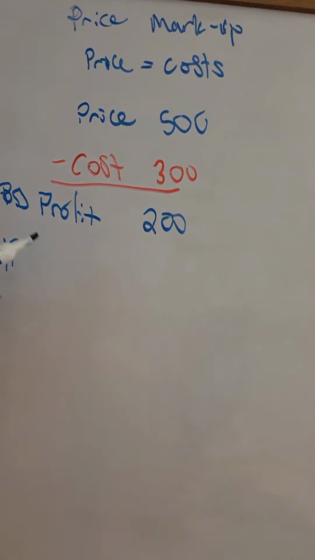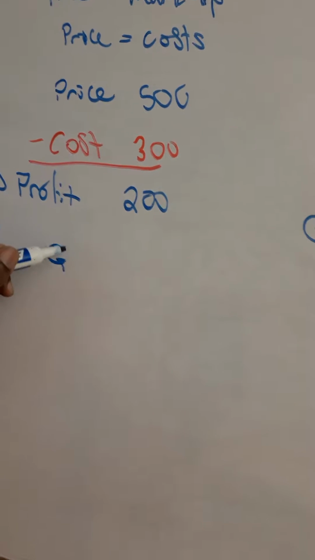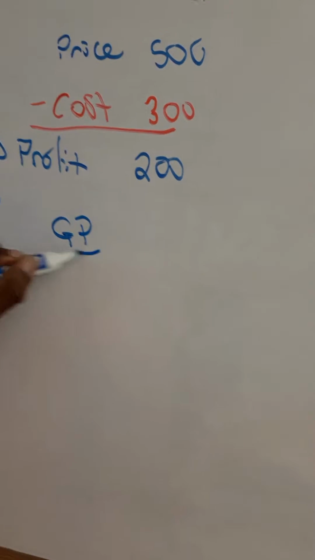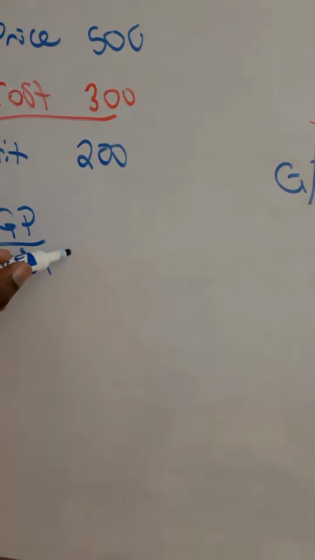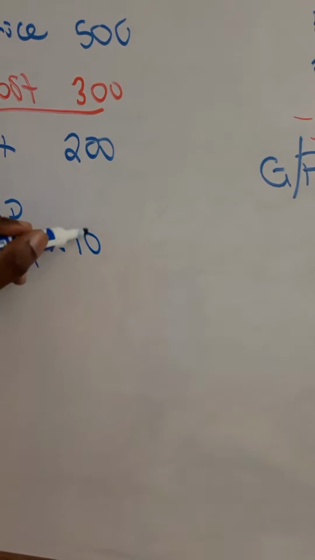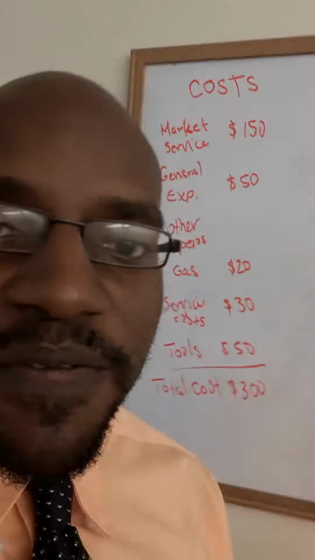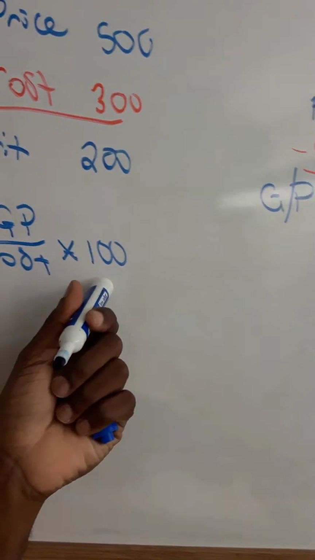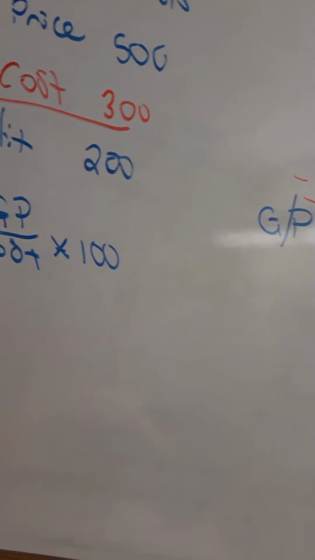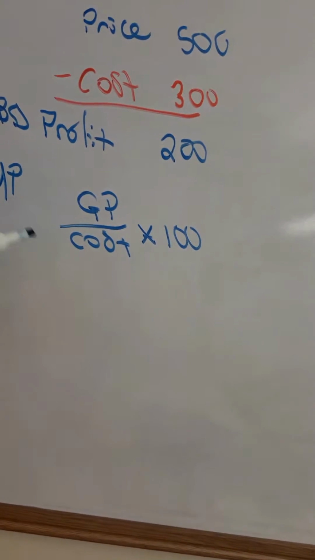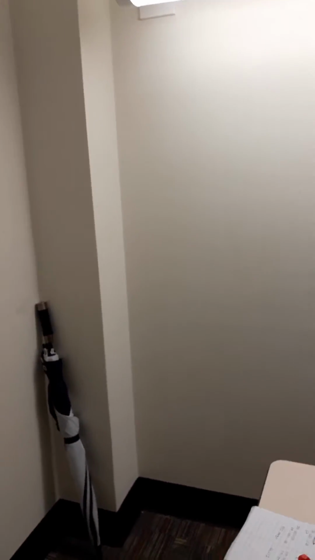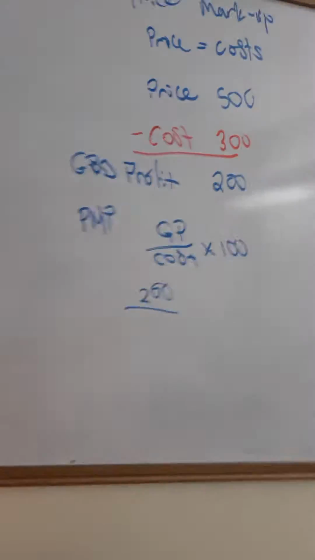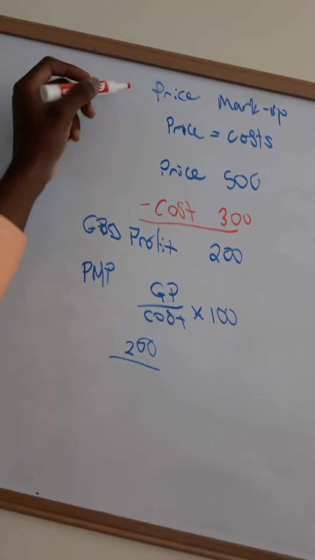We take our gross profit, our GP, and we put it over the cost, because it's a relationship to cost, and we multiply by 100, because we're finding a percentage. Every time you try to find a percentage, you multiply your item by 100. So in this case, we have our gross profit of $200 over the cost of our amount. Since this is a relationship to cost, I'm going to use red.